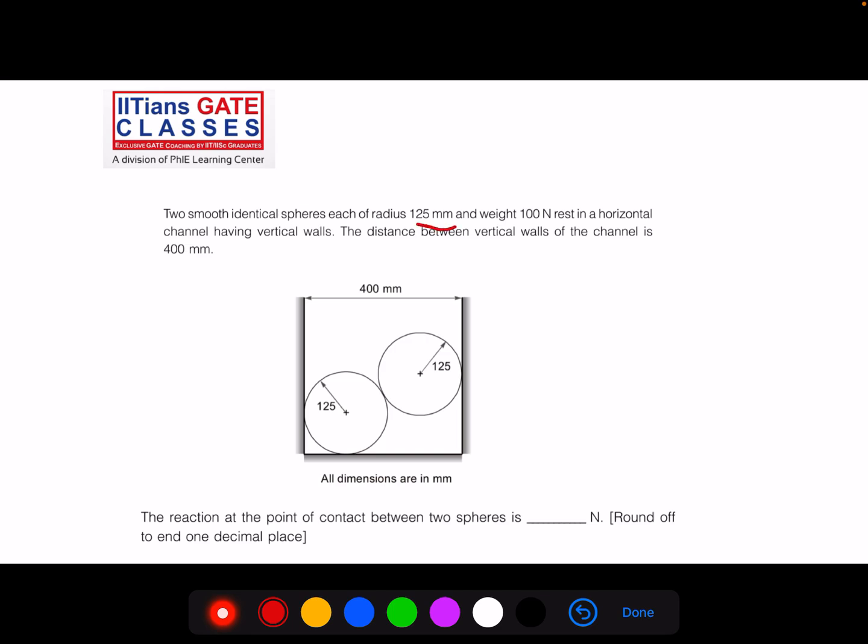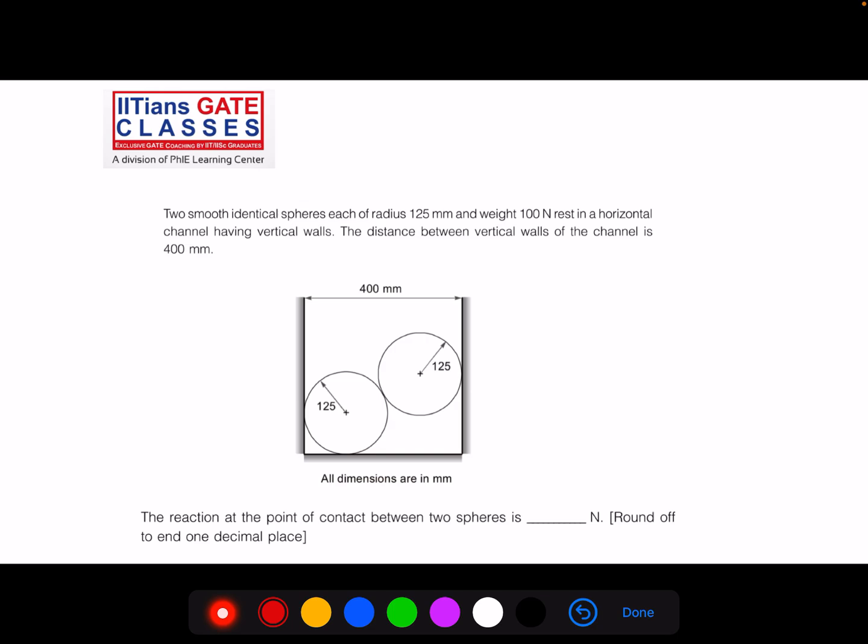The radius is 125 mm, and these two are the vertical walls. The distance between the vertical walls is 400 mm. The reaction at the point of contact between the two spheres is dash Newton. Round off to 1 decimal place.